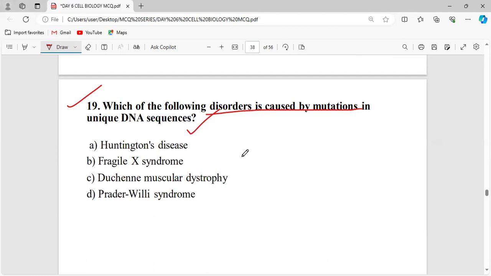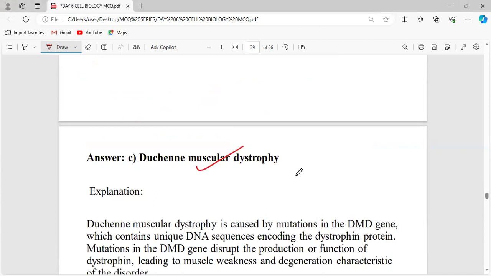If any mutation happens in the unique sequence DNA, what disorder will result? And the disease will be Duchenne muscular dystrophy.